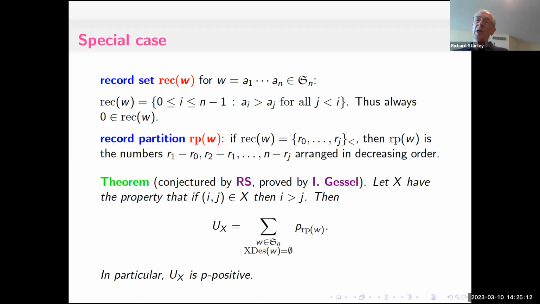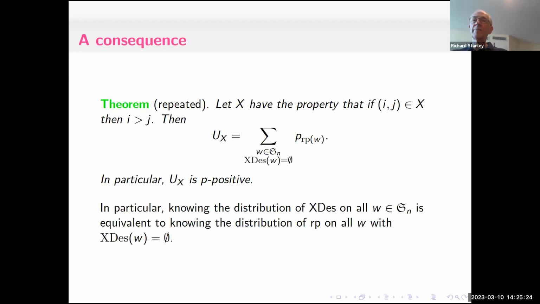So we've given a combinatorial interpretation of the expansion in terms of power sums. In particular, UX is p-positive. Coefficients will be non-negative. Let me repeat this theorem, and note that it's saying that if we know the distribution of the X descent set on all w in S_n, that's the information UX records, that's equivalent to knowing the distribution of the record partition on all w with empty X descent set.